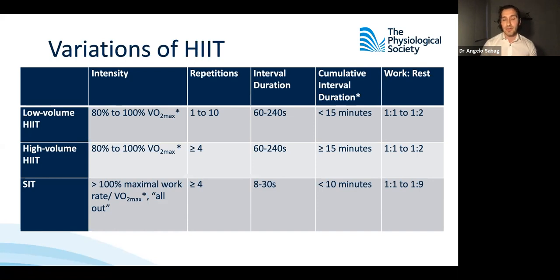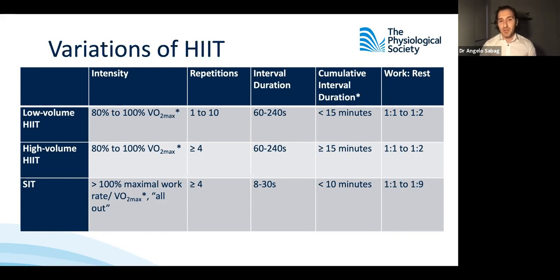Now, with regards to sprint interval training, this is a little bit different because with sprint interval training, you're incorporating maximal all-out efforts. And because this requires a large anaerobic component or contribution, it's hard to sustain these efforts for greater than 30 seconds. A very famous style of sprint interval training is perhaps Wingate training.